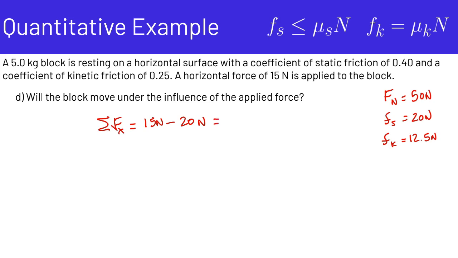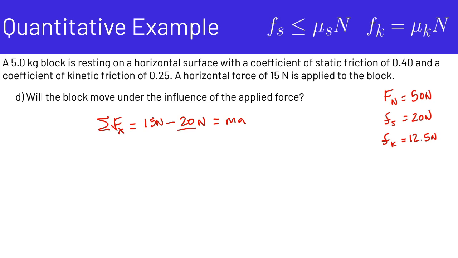And the question is, is that equal to an acceleration? So you can see that the static friction force, 20 newtons, is larger than the applied horizontal force. So we can tell already that the block is not going to move.